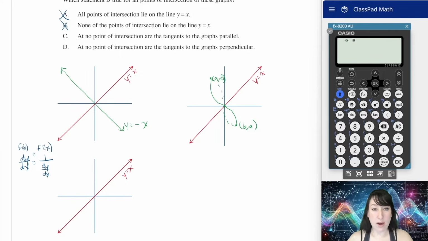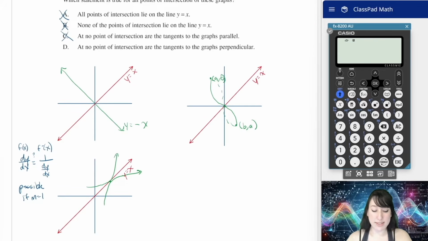Well, it would be possible if dy/dx equals 1, because the reciprocal of 1 is 1. So let's say, for example, the function is tangent to the line y equals x, then its inverse would be as well. And the gradients of their tangents would both be 1, and they'd be parallel. So we can rule out option C.